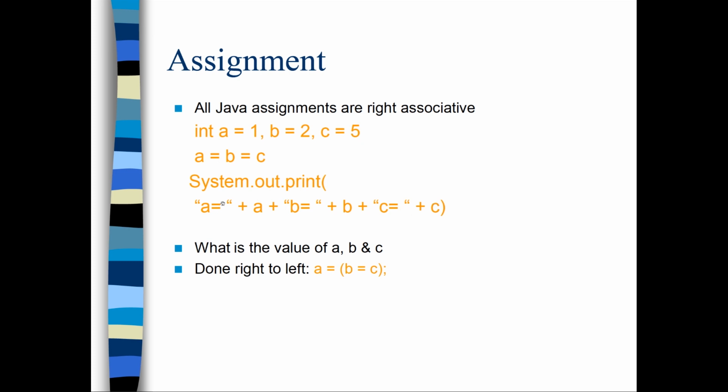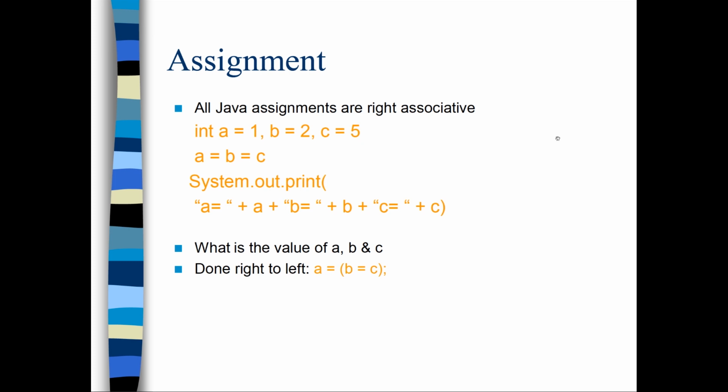But now in this case, the value of a will be 5 and the value of b will be again 5 and the value of c will be again 5.